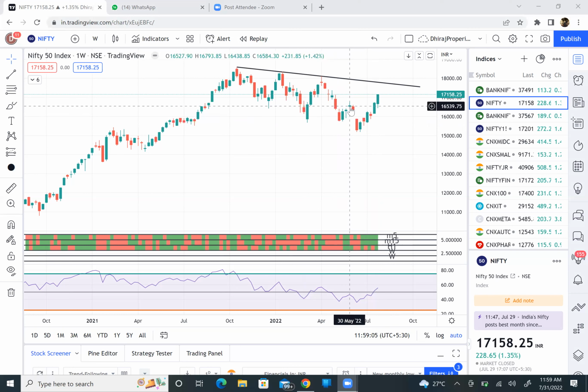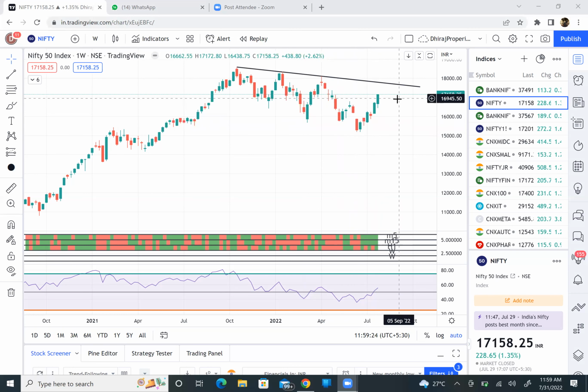The week after that is this candle, the pin bar, where it went to this high but could not sustain it and ended towards the low of that candle. That was a sign that it may reverse, and it reversed.